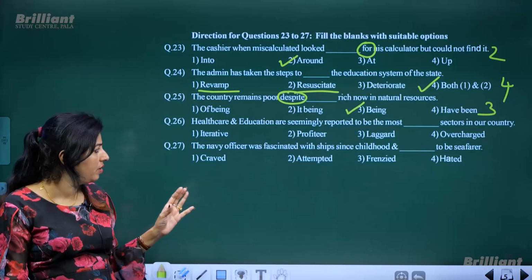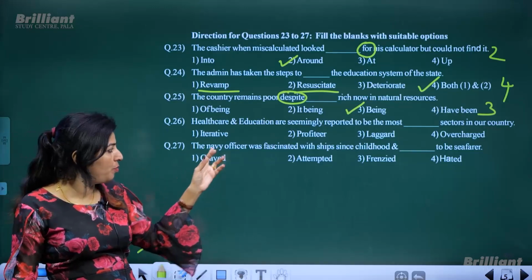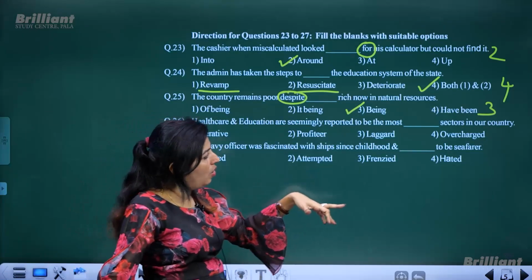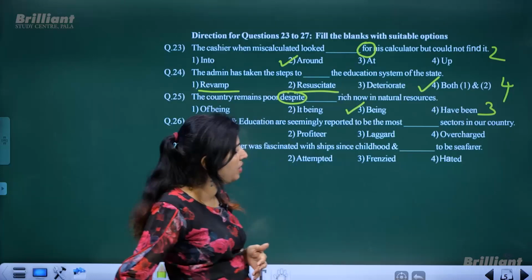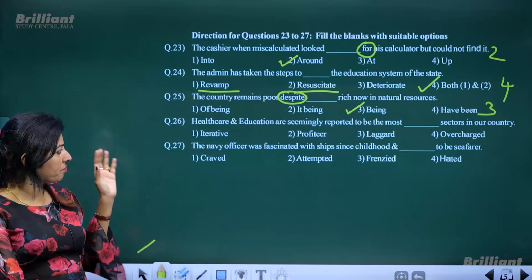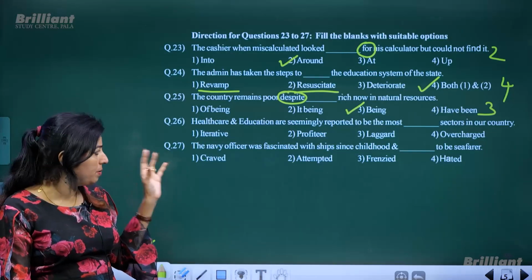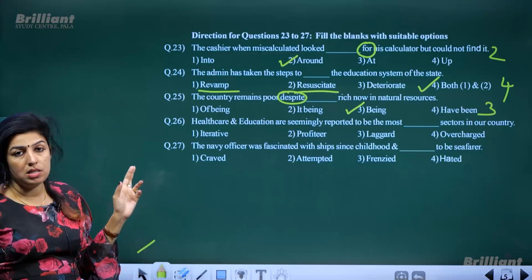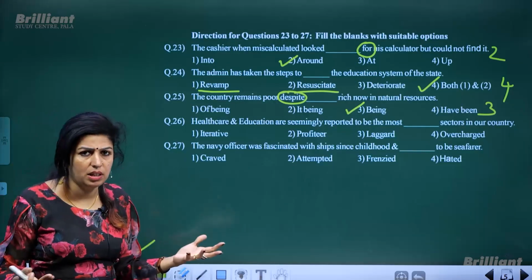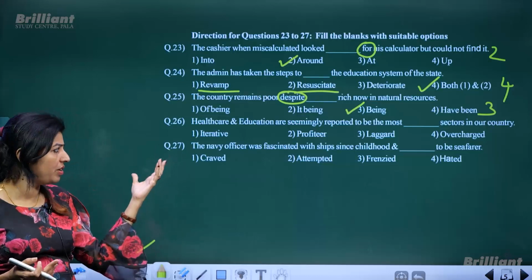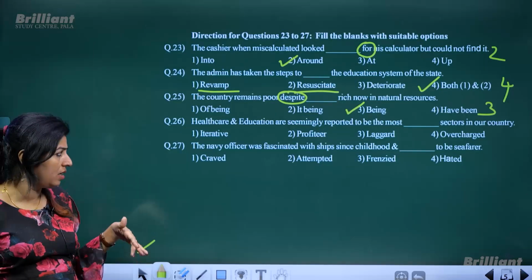What are the options given to you? Iterative, profiteer, laggard, or overcharged. The option iterative means something which is being repeated, so that cannot be taken.